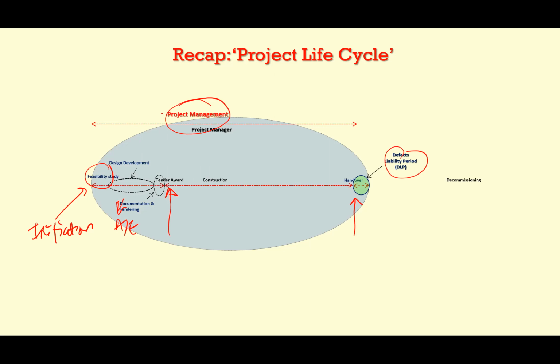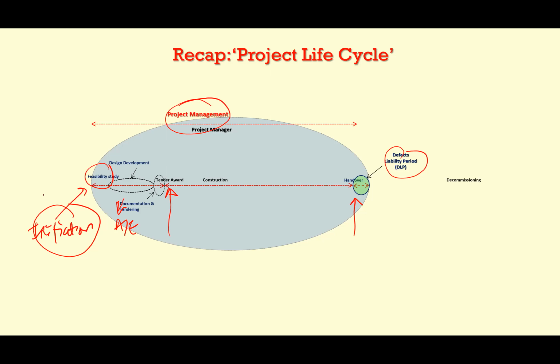So if people ask you what is the difference between project management and construction management, perhaps by now you should understand. The project management scope of work basically starts from the beginning, the initiation stage, where there is nothing. The client just has an idea that they want to start a project, and the details are not so clear.